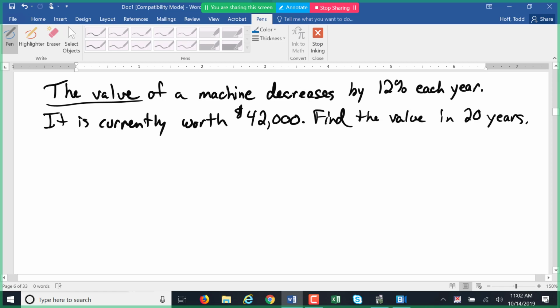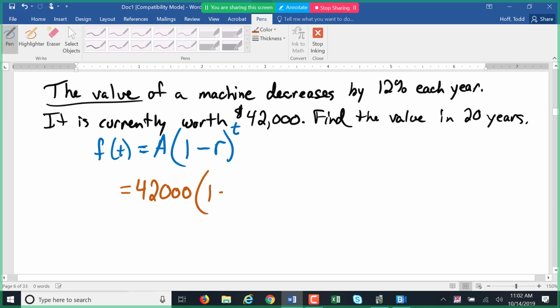Now, being a decay problem, this is slightly different. Still a function of t, it's still our initial amount times, instead of 1 plus r, since it's a decrease, a decay, it's 1 minus r to the power of t. So we start out with our $42,000 times 1 minus 12%, which is 0.12, to the power of 20 years.